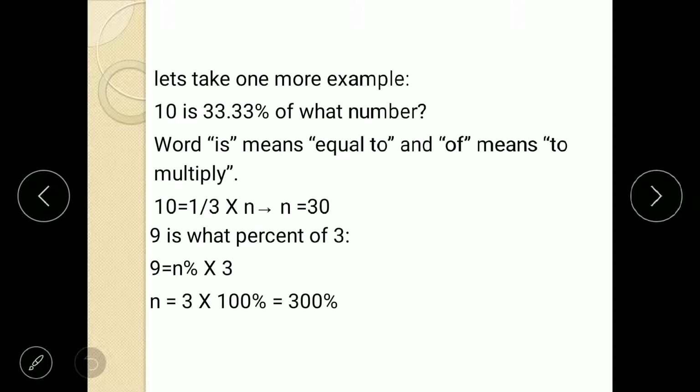Let's take one more example. It says 10 is 33% of what number? Now, just now we have said "is" means equal to, and "of" means to multiply. So 10 is equal to 33%, which we have done is 1 upon 3, of what number?